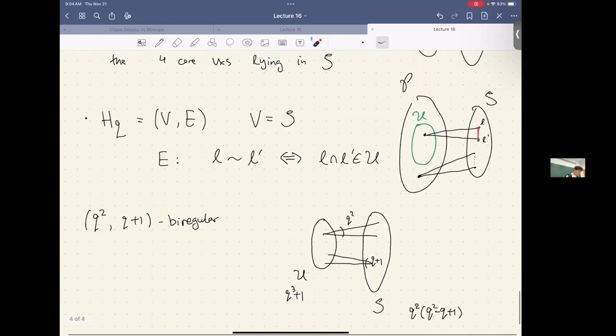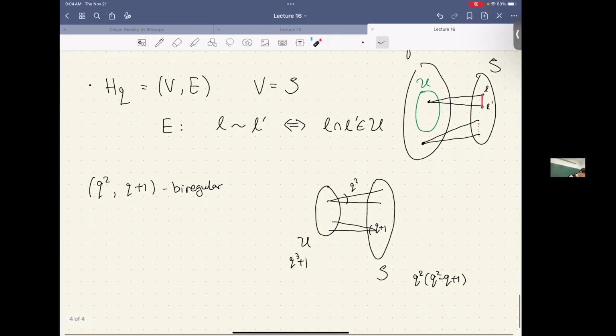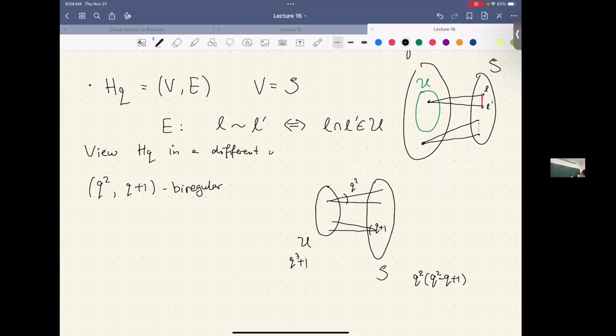Now, how do we view HQ in a different, equivalent way? We look at the incidence graph of U and S. Now, for every point X in U, you plant a clique in its neighborhood in S, right?